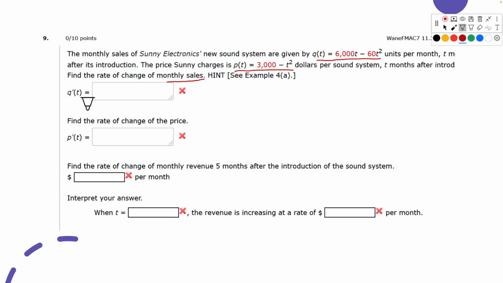Okay, so that's just this Q function. So I'm going to write Q down here, and you'll see that this one is actually walking us through the same thing we did, right? So we take this derivative, we're going to get 6,000 because the 1 comes down.